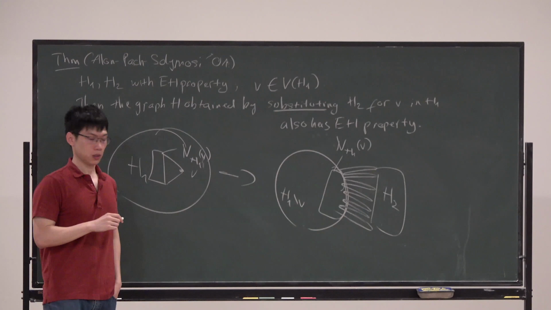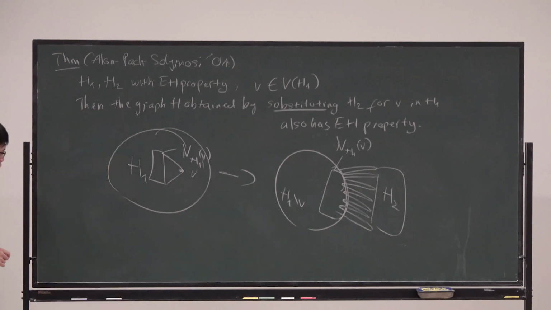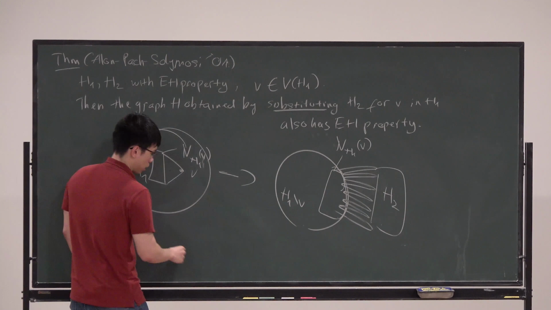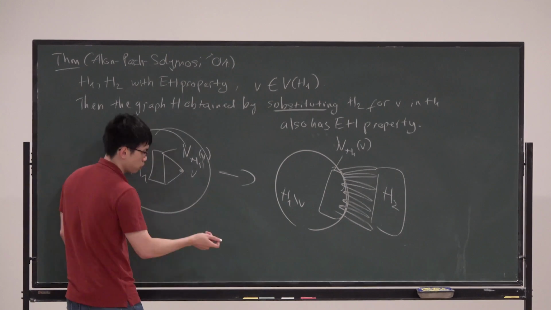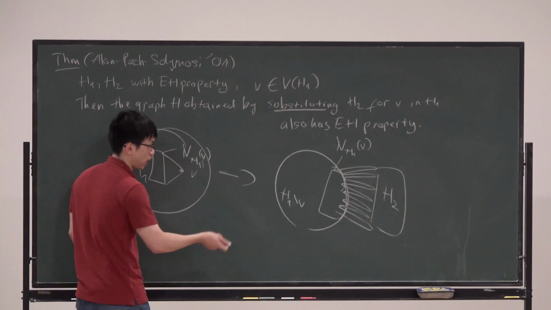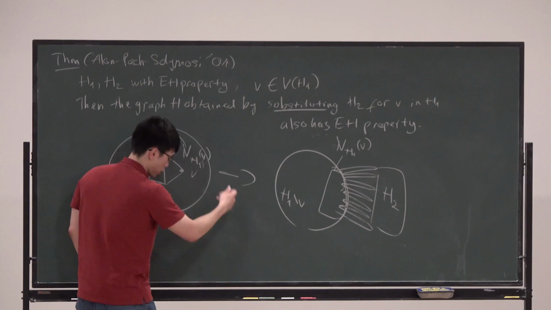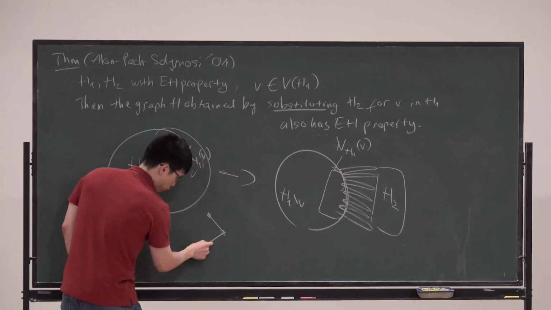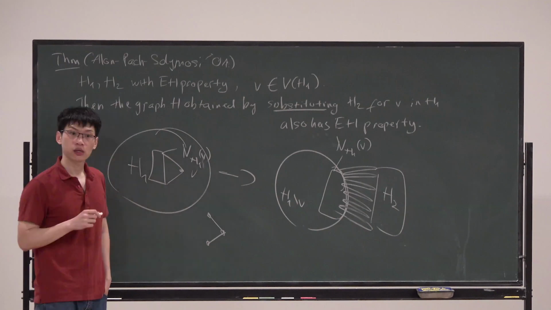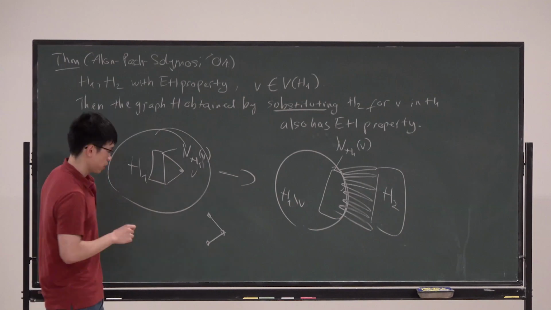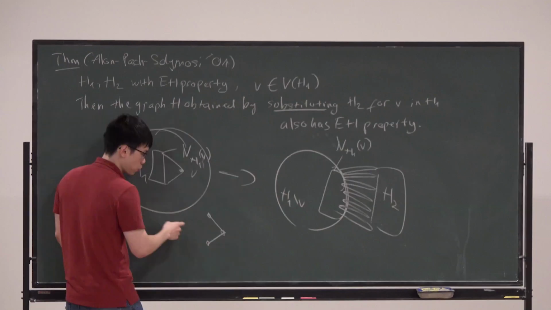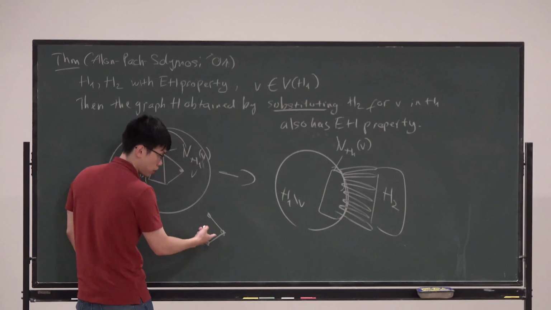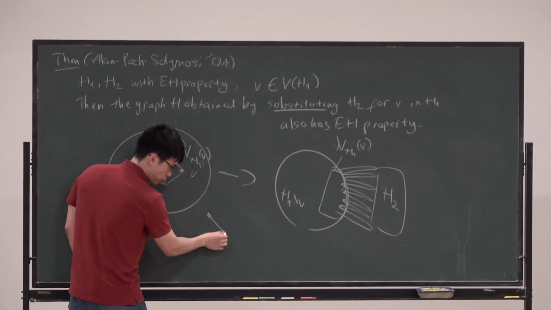Is it clear? Just for a simple example, there's a way to get the 4-cycle C4 from this operation. I'm going to start with the 3 vertex path, and I'm going to substitute a copy of the edgeless graph on 2 vertices for the right-hand side vertex.